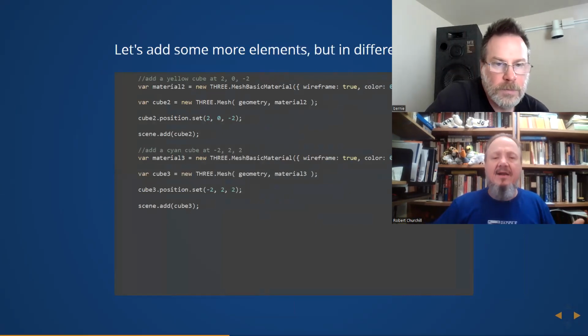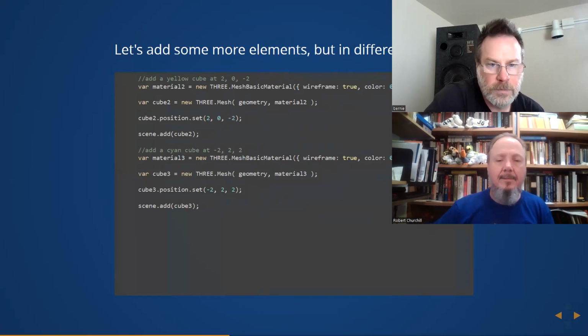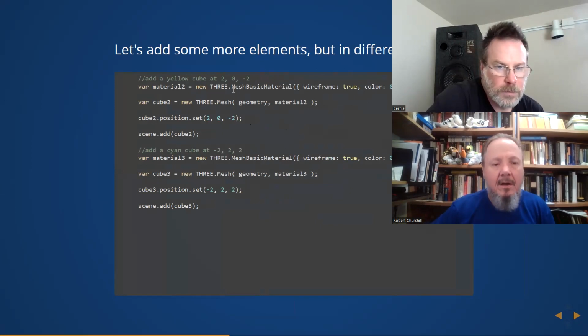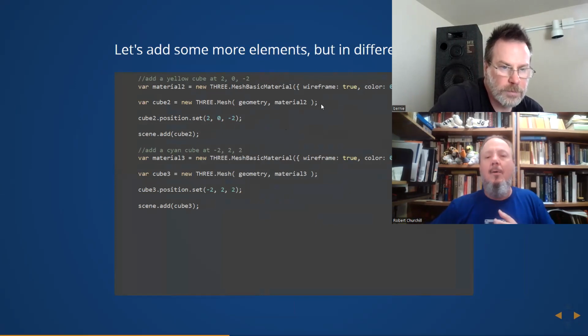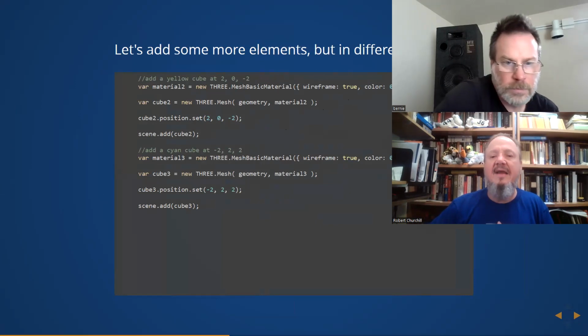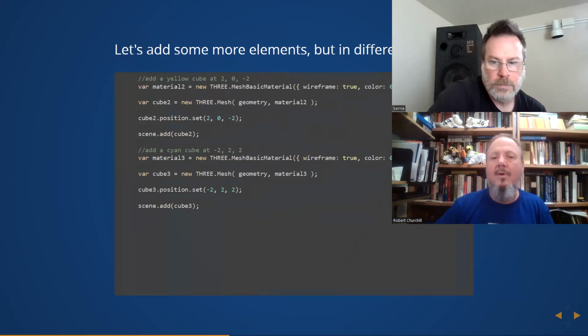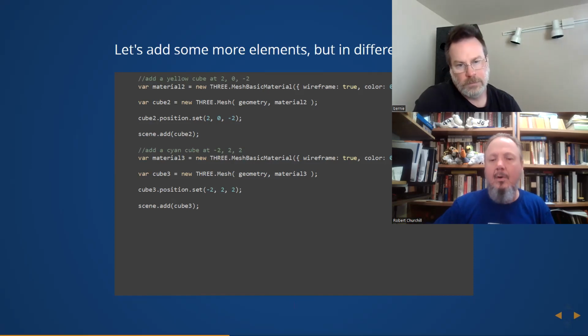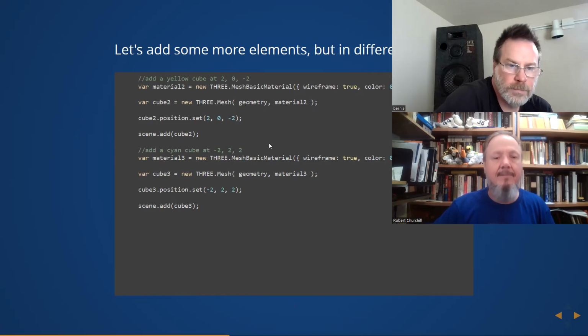So let's add a couple more items. We'll add 2 more cubes like the first one. The first one will be a mixture of red and green, which should, I think, come out as yellow. And the second one will be green and blue, which should come out as cyan, right?